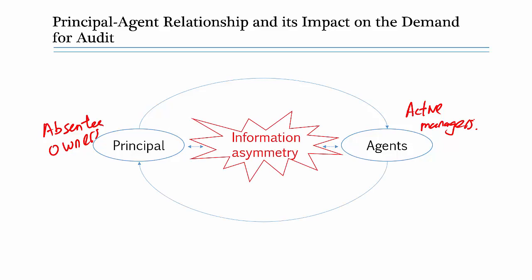So there is an information gap because the principal has less information, whereas the agents who run the company on a day-to-day basis know much more about the company.